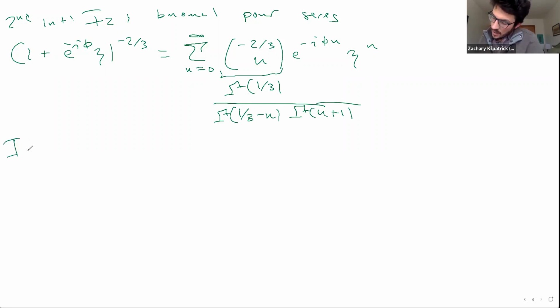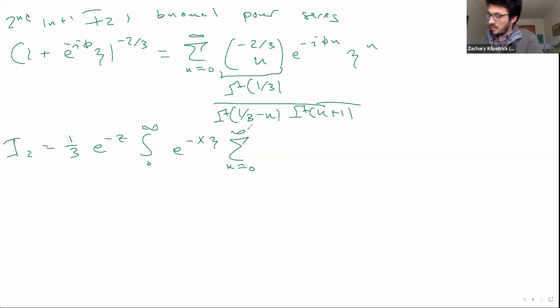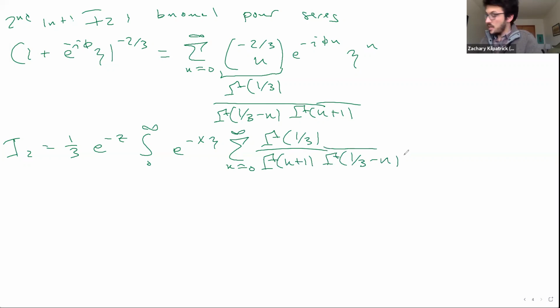Great. So then I2 is equal to a third e to the minus z integral from 0 to infinity e to the minus x eta, sum from n equals 0 up to infinity, gamma of a third divided by gamma of n plus 1, gamma of a third minus n, e to the minus (n plus 1) i phi now, eta to the n d eta.